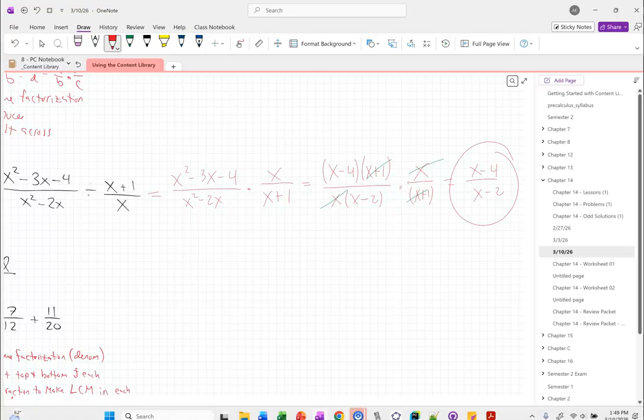Multiplying and dividing, easy. Adding and subtracting is the harder part, right? Because when we add or subtract fractions, what do we have to have? Common denominator. Now, when you add or subtract numeric fractions, any common denominator is usually fine. It's marginally a little bit more work if you don't choose the least common denominator. When dealing with rational functions, if you do not use the least common denominator, you make yourself a nightmare.